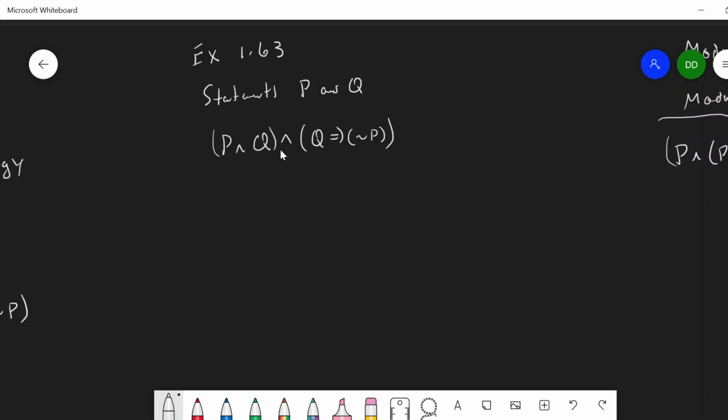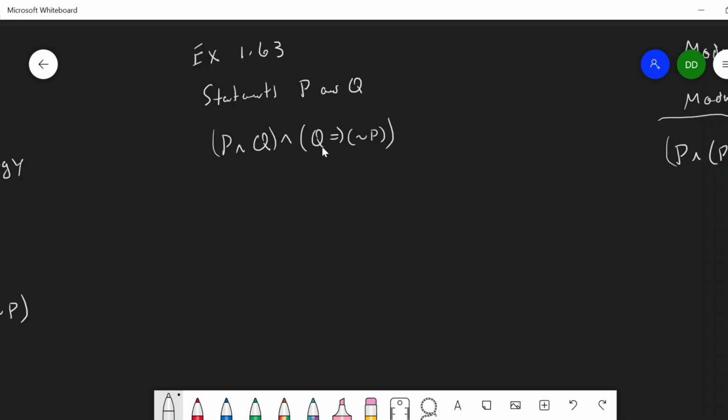So P and Q implies not P. I know all three of those things: we have P, we have Q, and we have Q implies not P. Since we have Q, and we know that this implication is true, that Q implies not P, therefore we have not P, right?